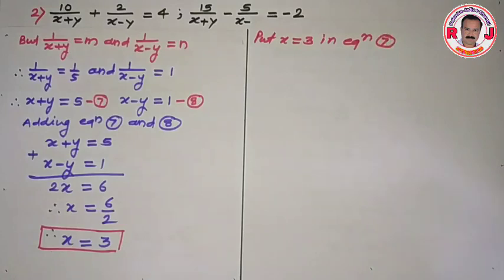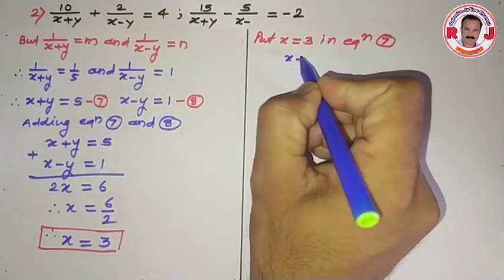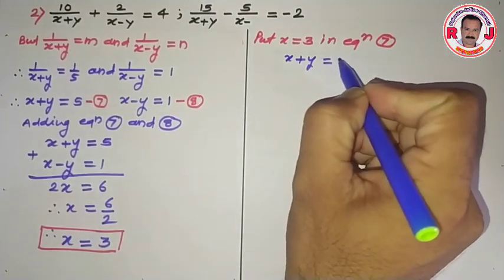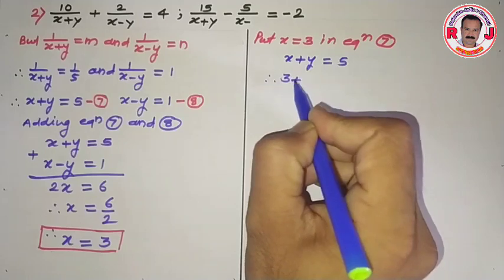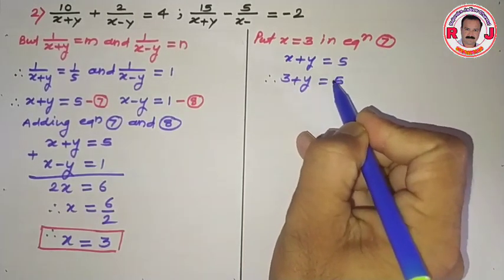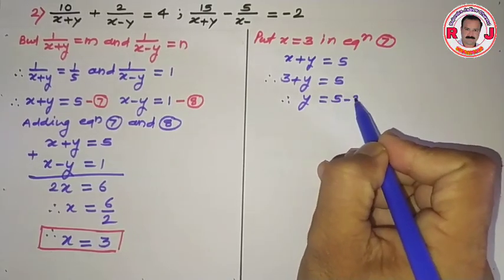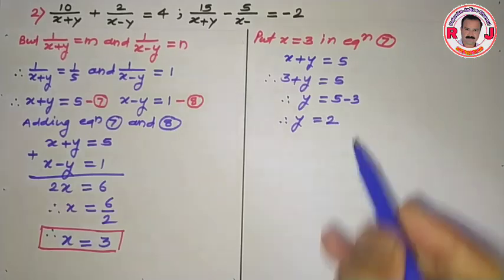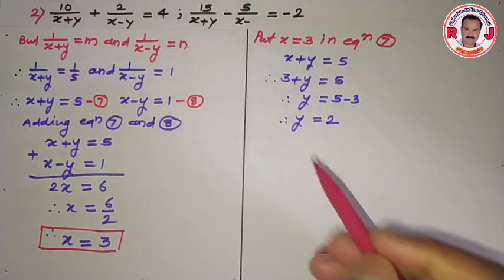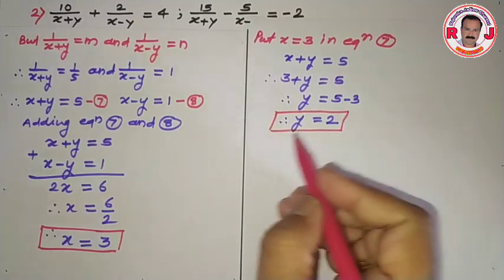First write down this equation 7: x plus y is equal to 5. Put the value of x: 3 plus y is equal to 5. Therefore y is equal to 5 minus 3, and the value of y, 5 minus 3, is 2. The value of x is 3 and the value of y is equal to 2.